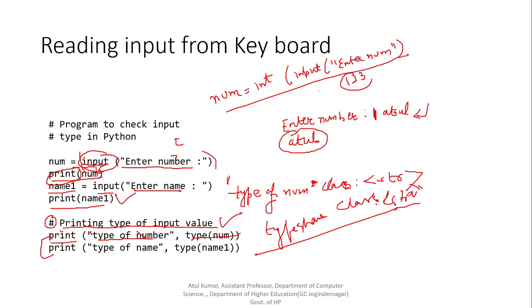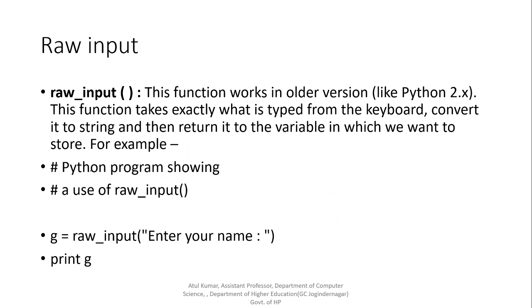Firstly the input is taken as a string, and it is typecast with integer. So this string is converted into an integer, so number now contains 123 as an integer. Otherwise it is a string. That means the type of input taken by the input function is a string type.